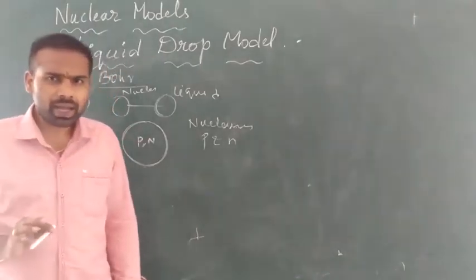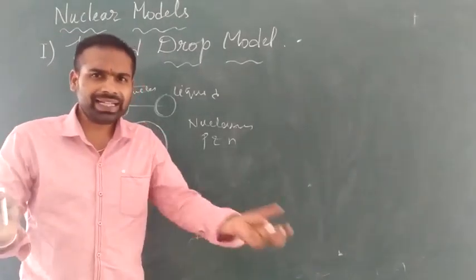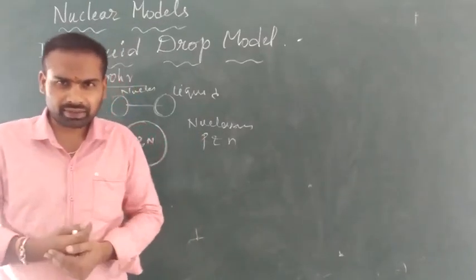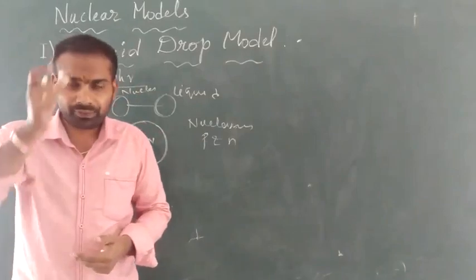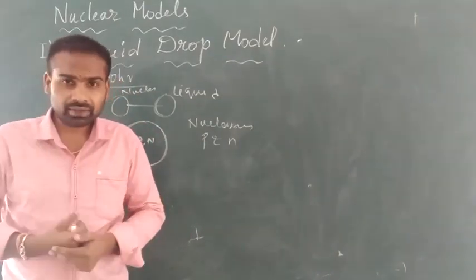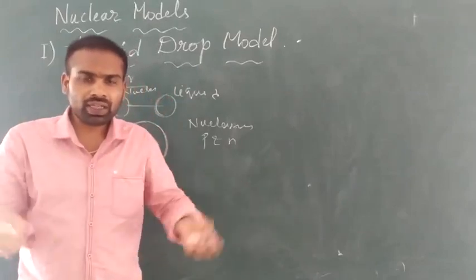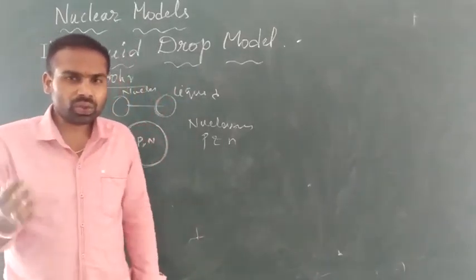Next we have the fourth point. Whatever nucleons are present in the nucleus will maintain some constant distance, okay, they are separated by some distance, and the energy will be distributed totally through the nucleons.